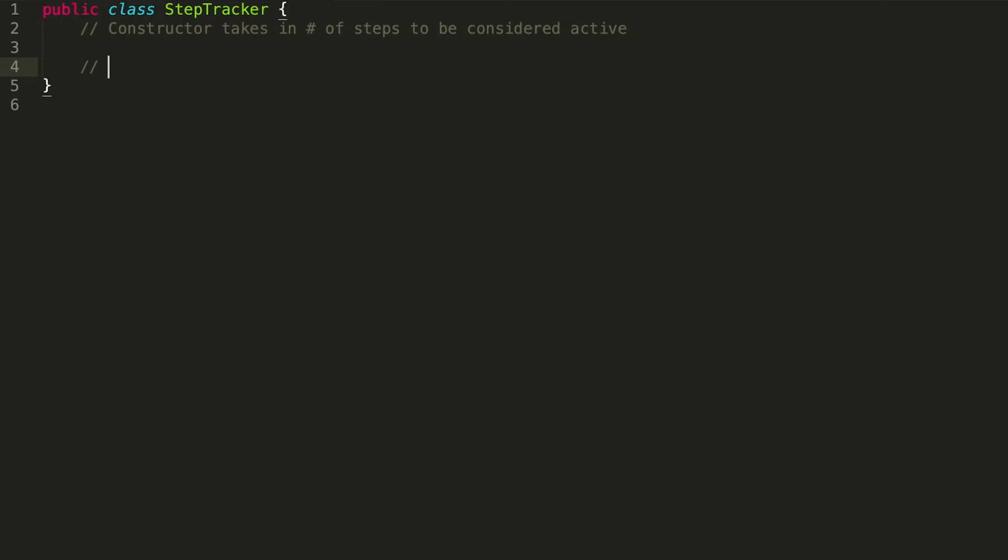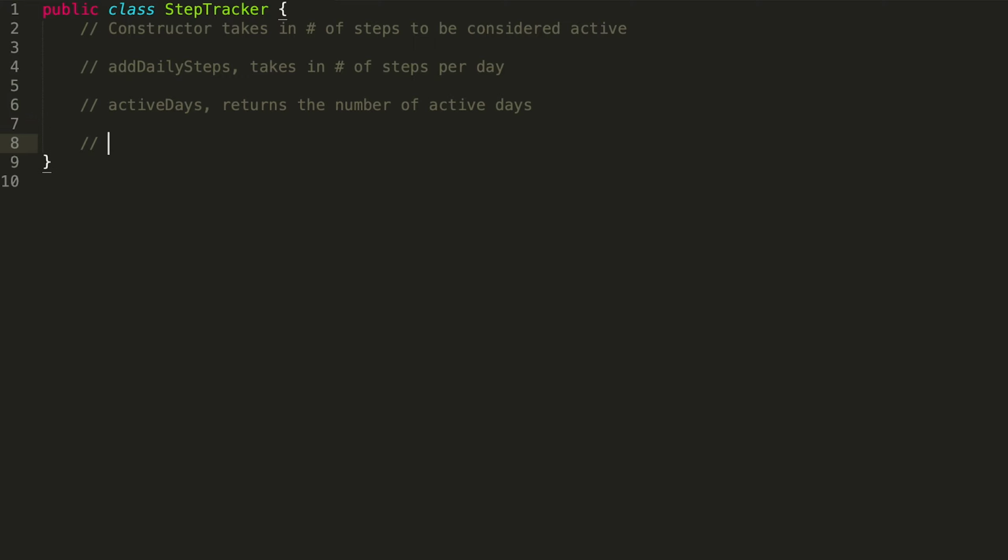We also want to write three different methods. We have addDailySteps, which takes in the number of steps per day. We have activeDays, which returns the number of active days.